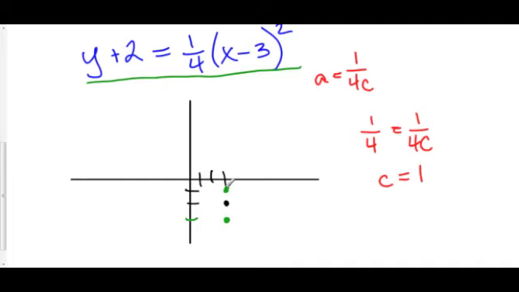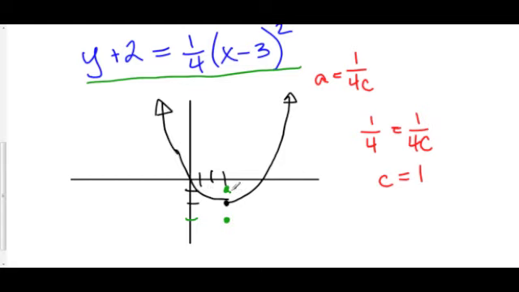Now, the question is, which of these is my focus? Well, it turns out that our parabola always opens up towards the focus. Since our parabola is facing upward, my focus has to be the upper green dot. So just to show that point, I'm going to do a little sketch of our parabola here.